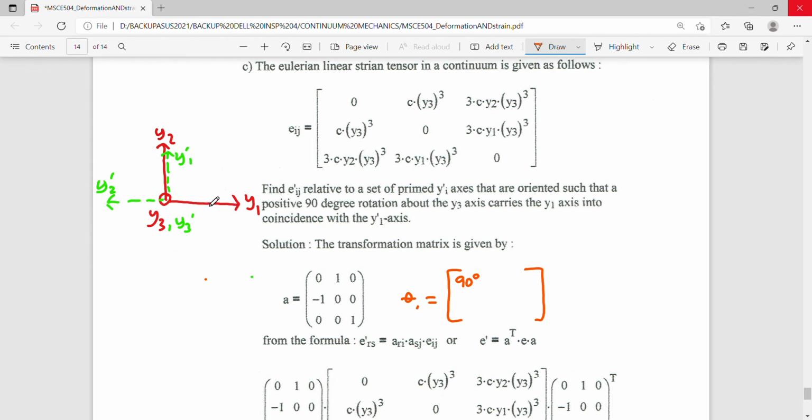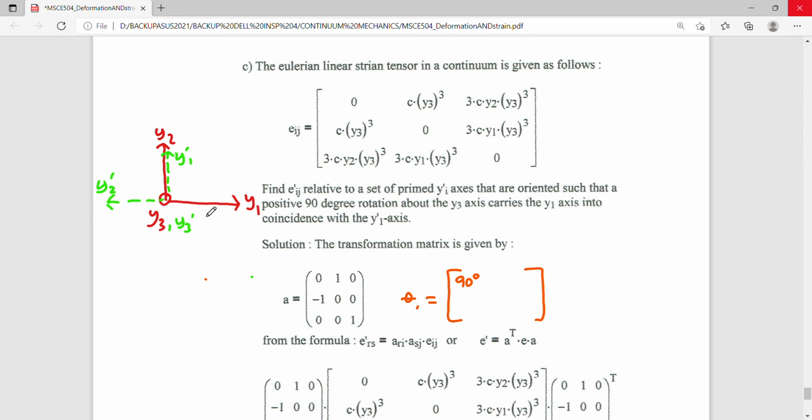Then 1 to 2 prime is 0 degrees. 1 to 3 is 90 degrees. Then for 2, 2 to 1 is 180.